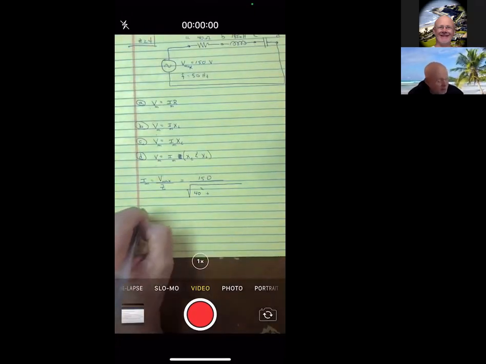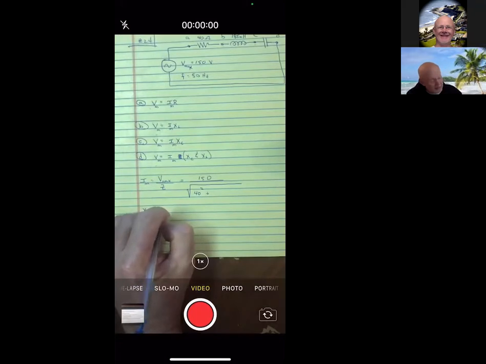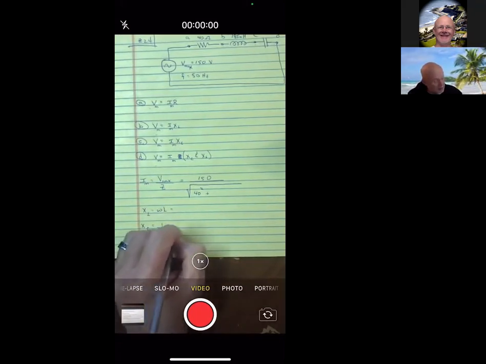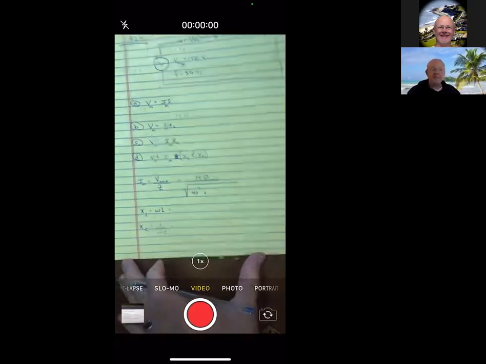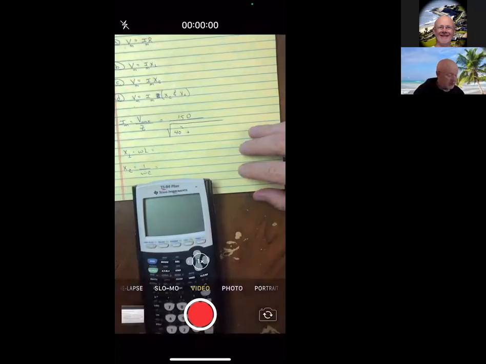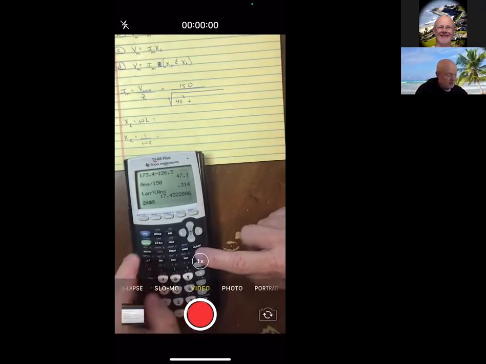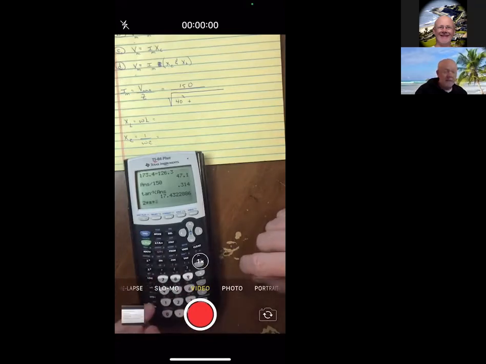maybe this would be a good place to say, what is the reactance of the inductor and what is the reactance of the capacitor? Remember, this is omega L, and this is 1 over omega C. Okay, so the reactance of the inductor is 2 times pi times the frequency.